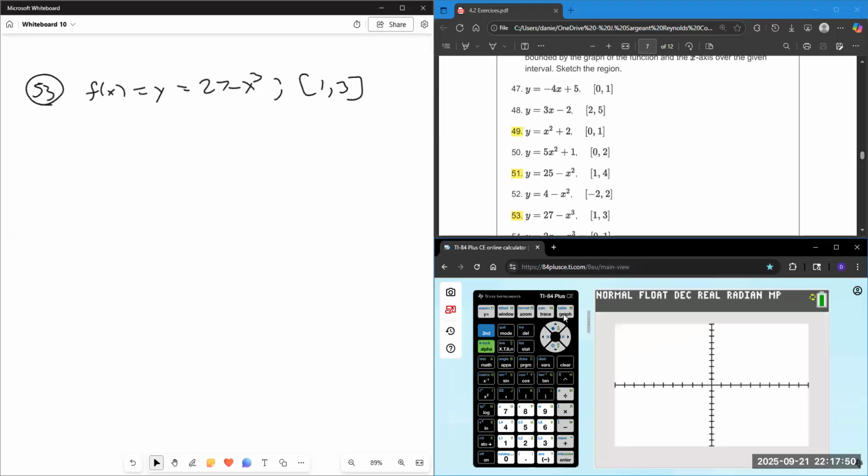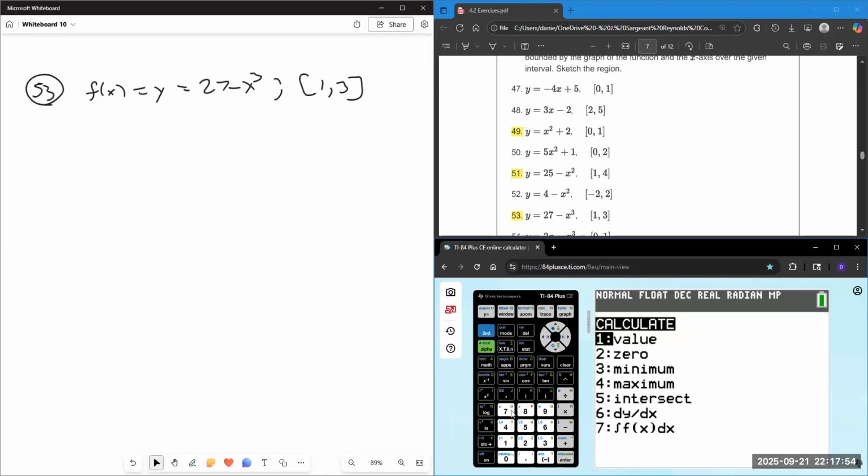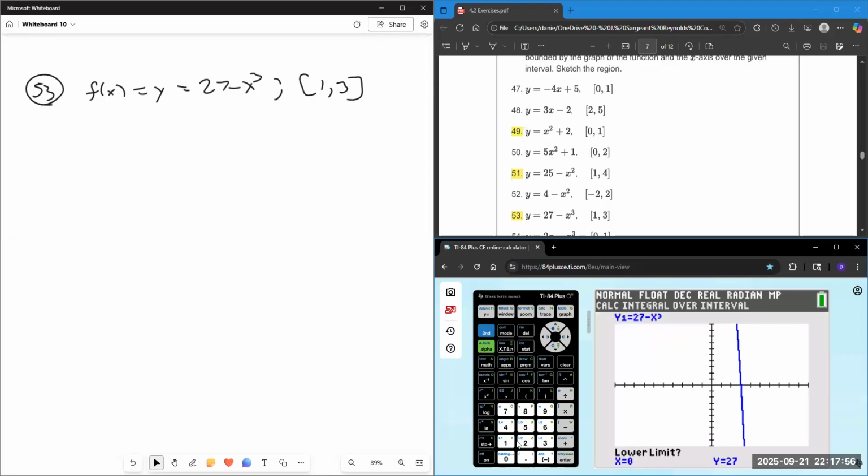Here, when we graph, we're going to go from 1 to 3. Tells us that our area here is going to be 34. Let's go ahead and find our delta x. 3 minus 1 over n is 2 over n.